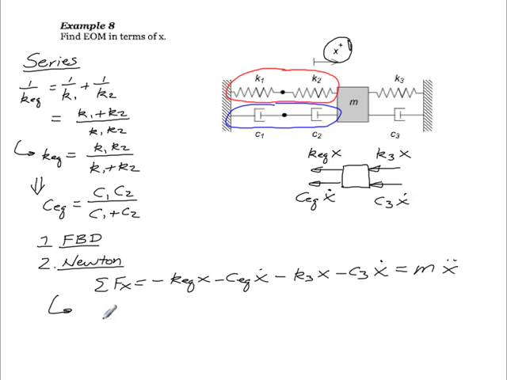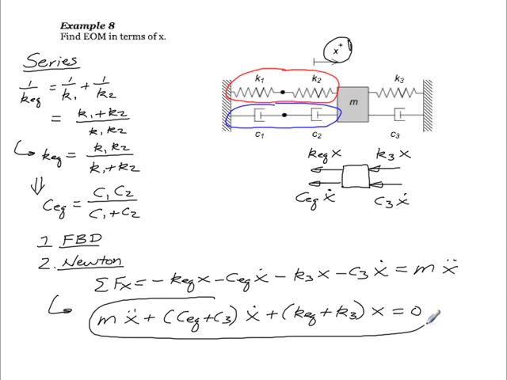We bring all of our terms together on one side. M x double dot plus C equivalent plus C3 times x dot, plus K equivalent plus K3 times x is 0. That is our differential equation that describes the system, which is made up of the 3 springs and 3 dashpots.